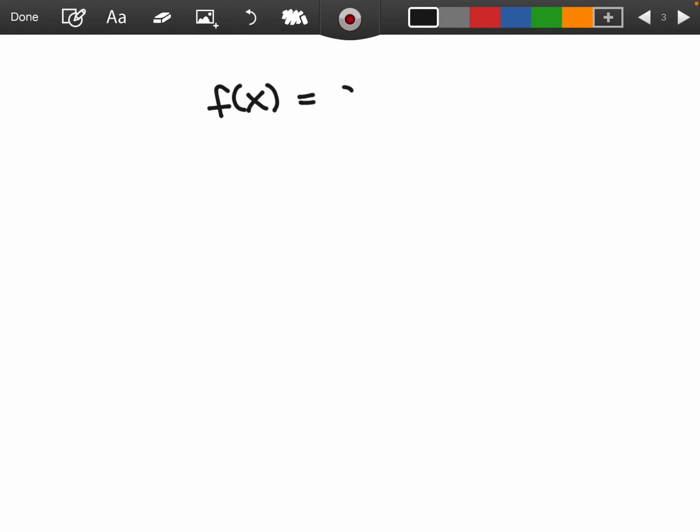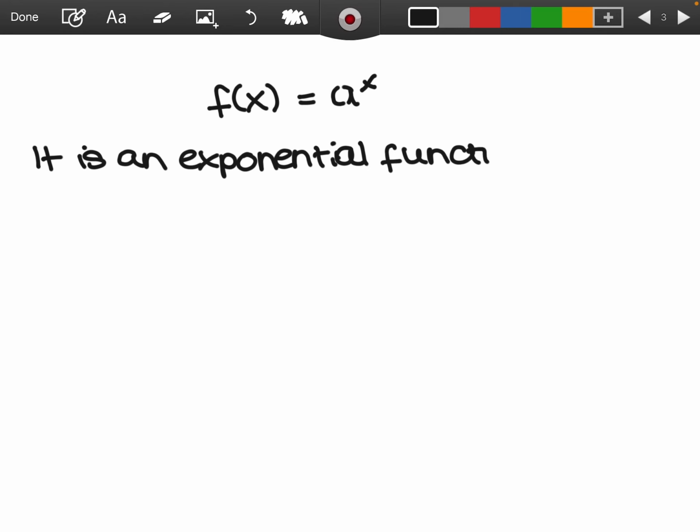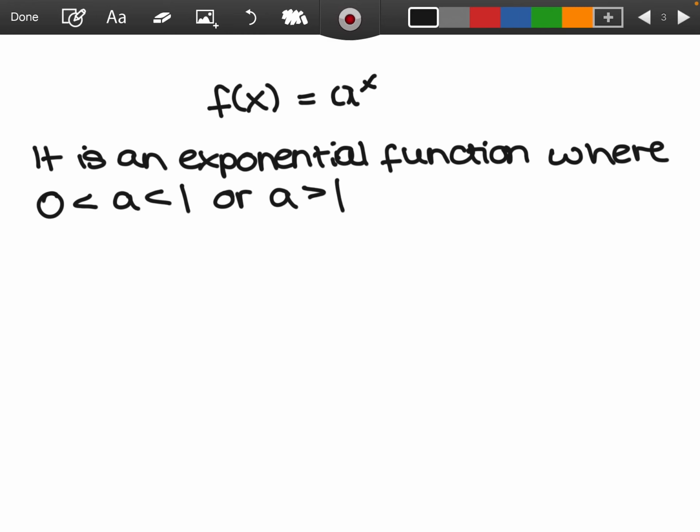So therefore, whenever I've got my function f of x is equal to a to the power x, it is an exponential function where a is either between 0 and 1, so a is either greater than 0 and less than 1, or a is strictly greater than 1.